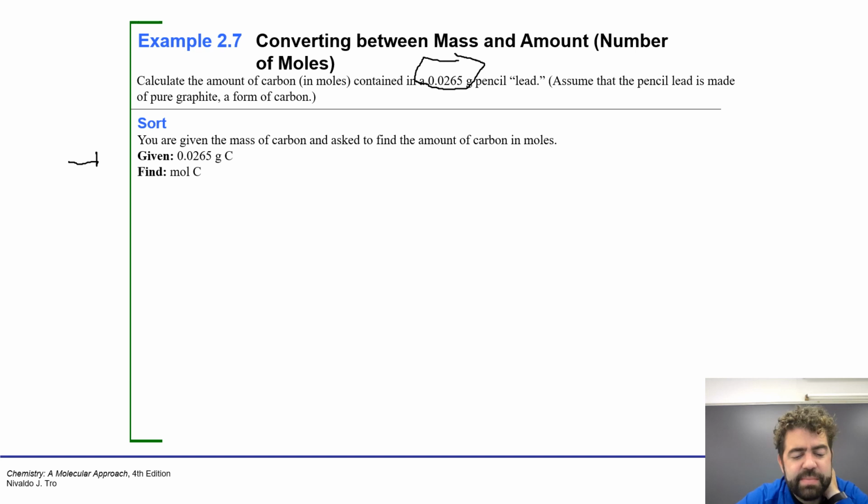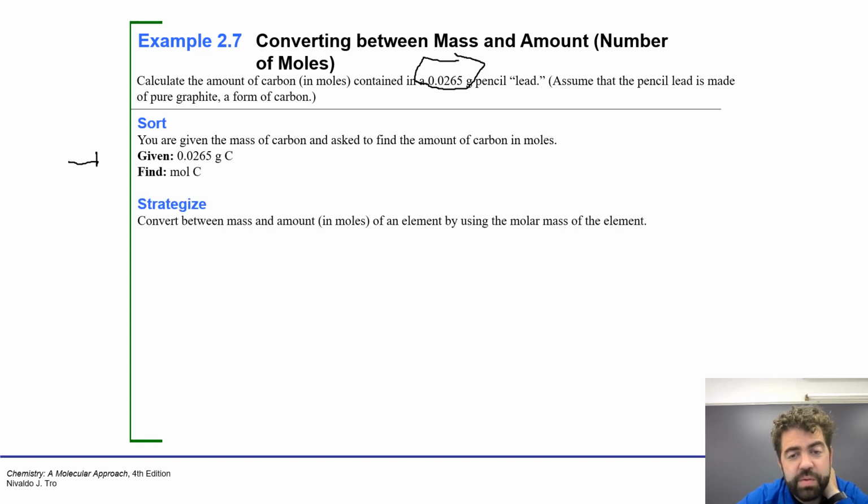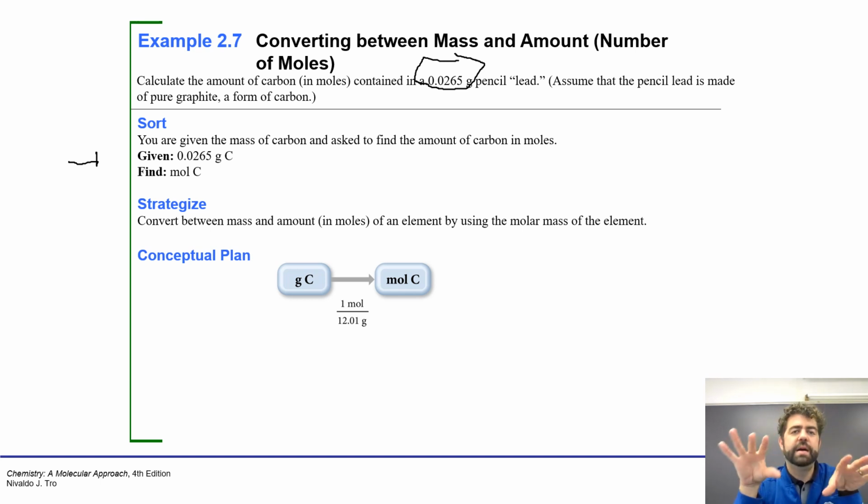Since I have this mass, what I can do is convert that to moles. In this case, I'm going to go to the periodic table and find that 1 mole is not only 6.02 times 10 to the 23rd atoms, but it's also 12.01 grams or AMUs. And that's why the periodic table is so nice, because a mole can do 2 things for me.